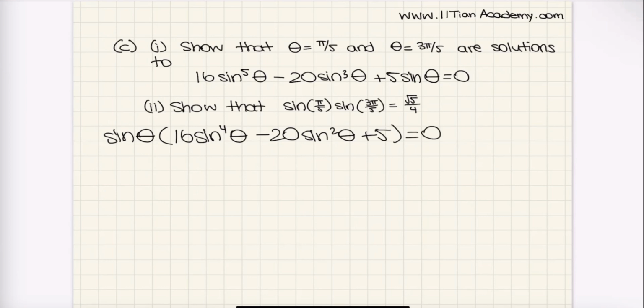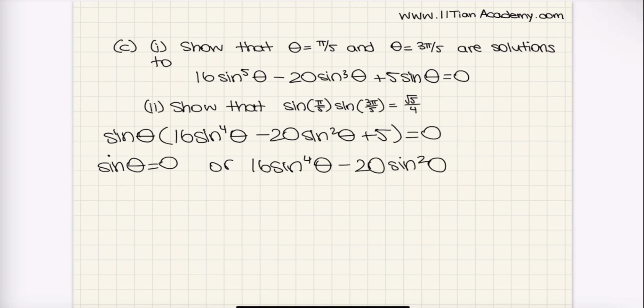So this tells us that either sine theta is equal to 0 or 16 sine to the power 4 theta minus 20 sine squared theta plus 5 must equal 0. One of these things must be true. So we know that sine pi over 5 does not equal 0, and also sine 3 pi over 5 does not equal 0.